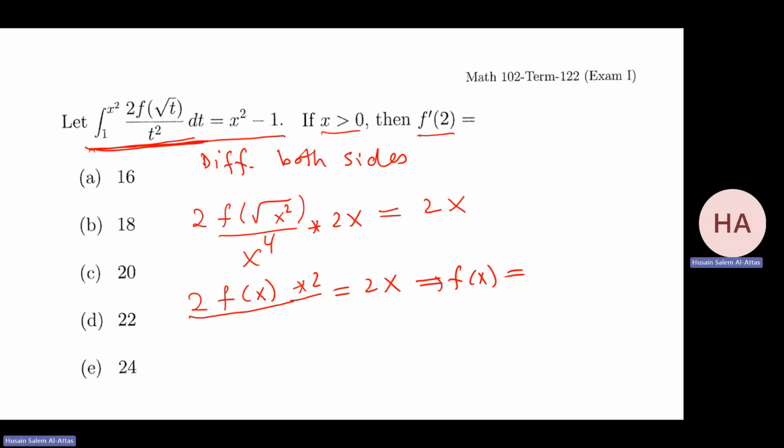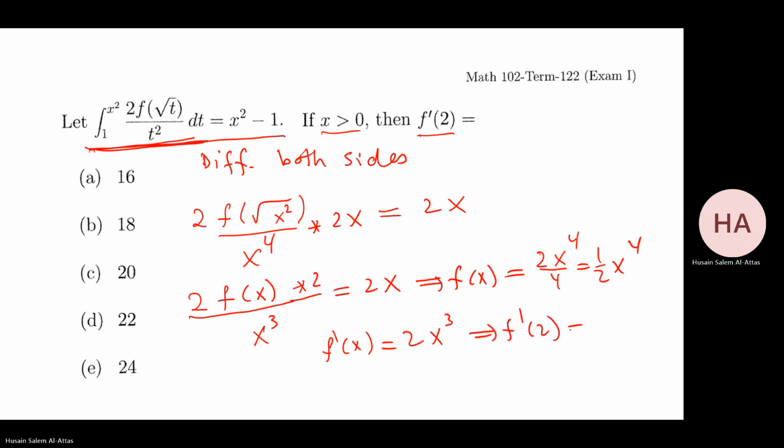So if you cancel x, that will be x cubed. So that will be 2x to the power 4 over 4. So it's half x to the power 4. What you want is f prime at 2. So first, let me find f prime. F prime will be what? 2x cubed. So f prime at 2 will be 16. So this is my answer.